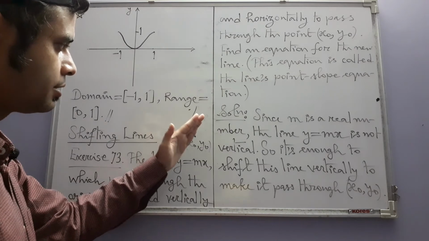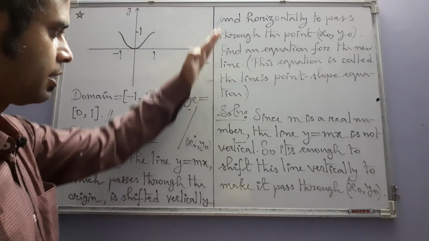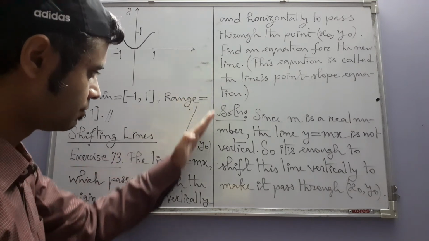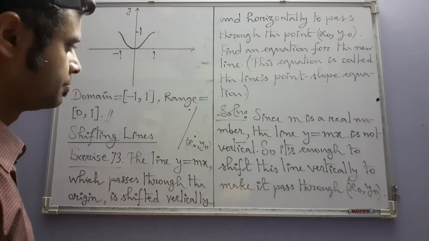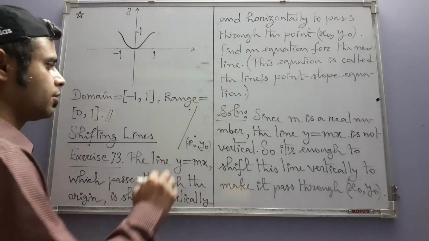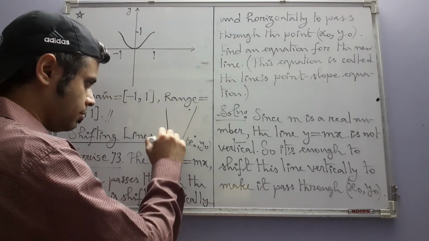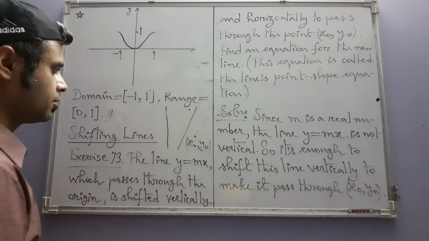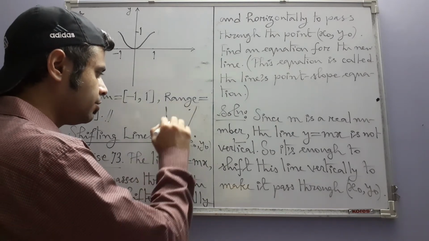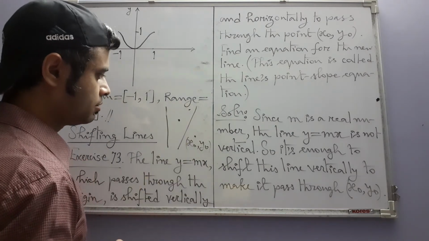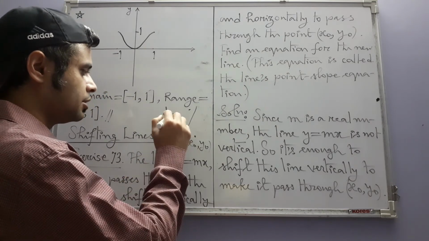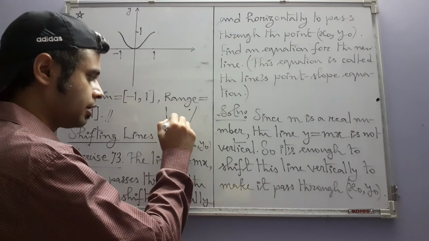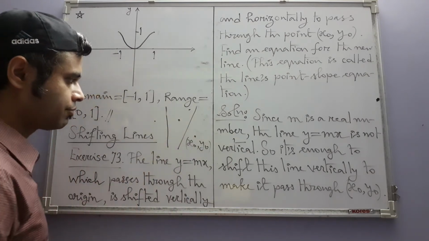If the point lies above the line, your shift is like this, it's a vertical shift. If it lies below the line, your shift is like this. Only for a vertical line this will not work, because the point which does not lie on your line either lies to the right of the line or to the left of the line.